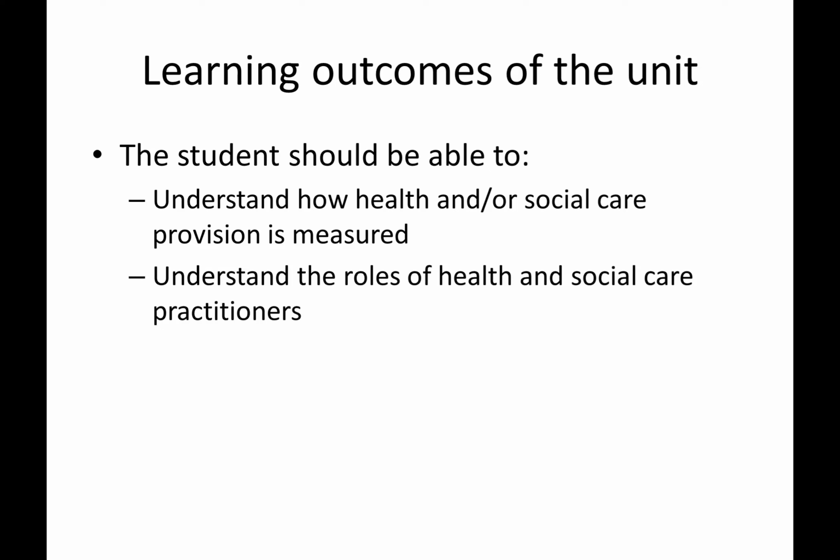So the first learning outcome is to understand how health and social care provision are measured. So how do you measure health, or how do you measure social care provision? There are different definitions of health, and there's no one exact definition. Initially it was said that health is the absence of disease, but not anymore.